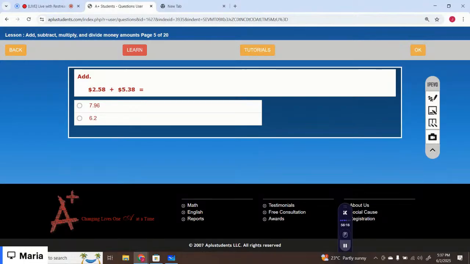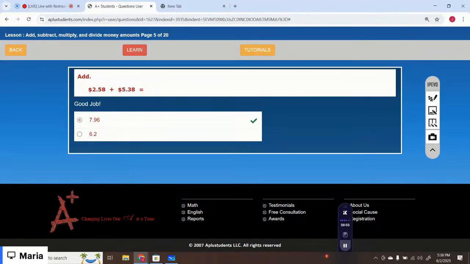So 2.58 plus 5.38, which is the correct option? Option number two is the correct option. That is 7.96.